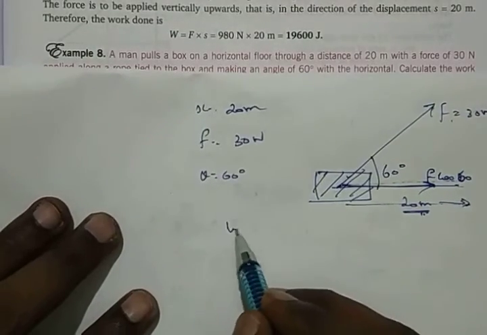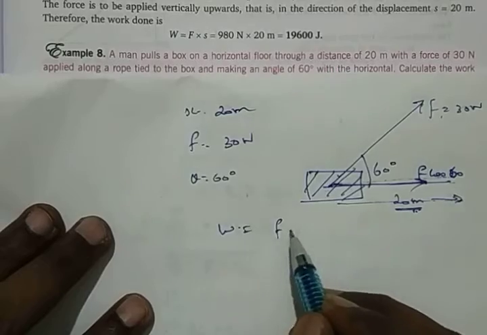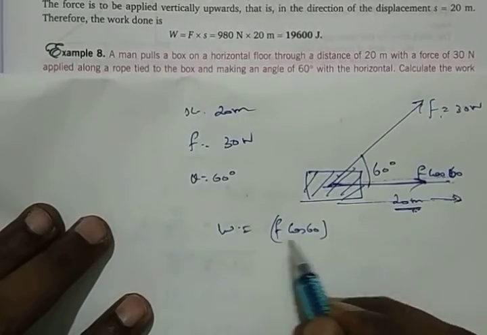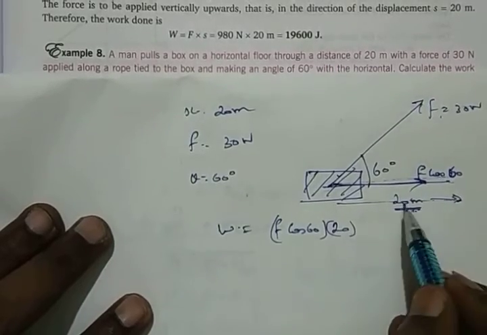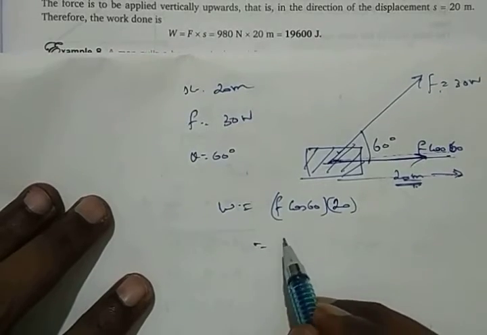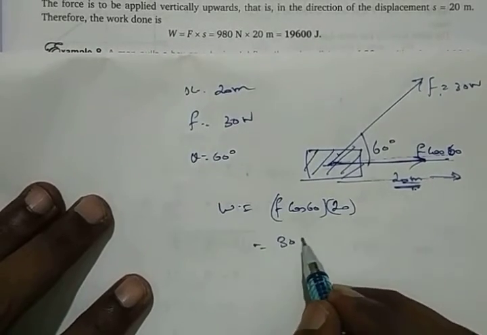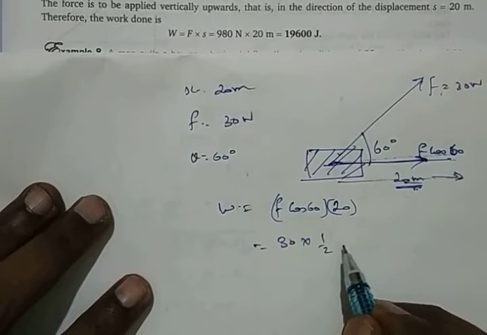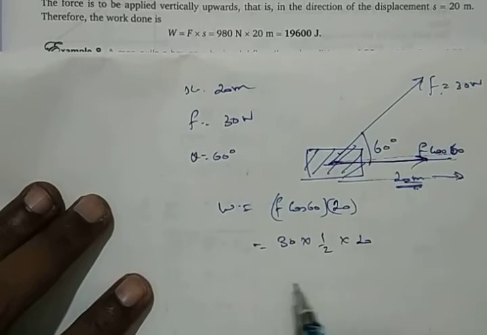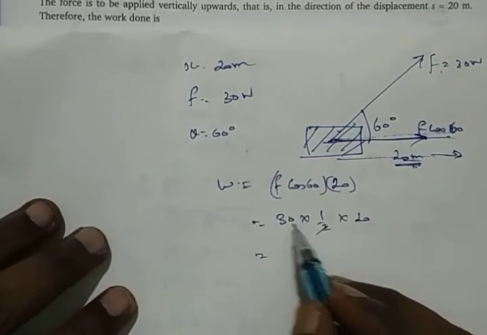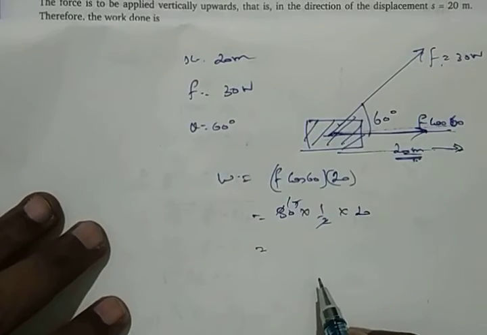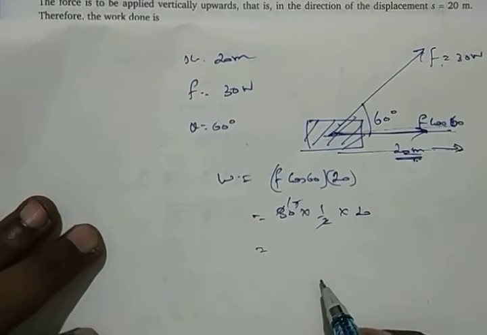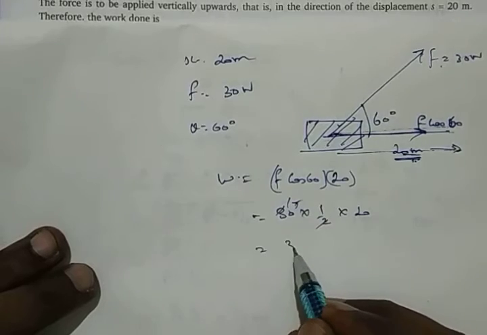The work done is F cos 60 into 20, where 20 is the distance. So 30 into cos 60, which is 1 by 2, into 20. This is 15 into 20. You get 300 joules as the answer.